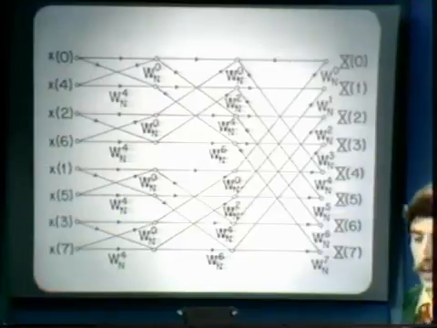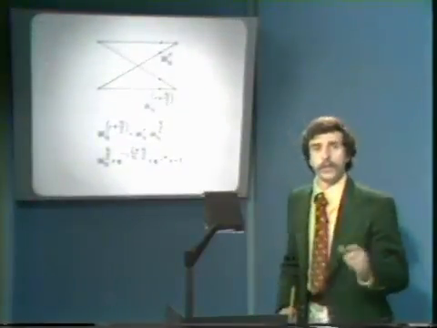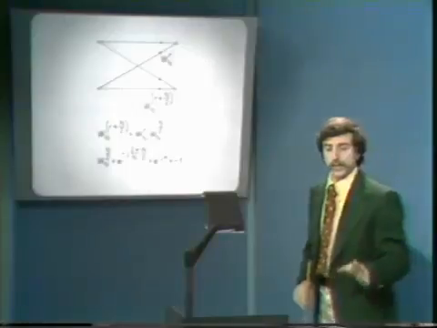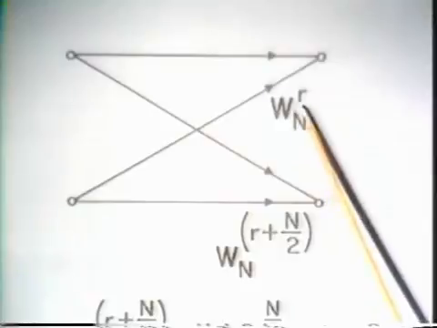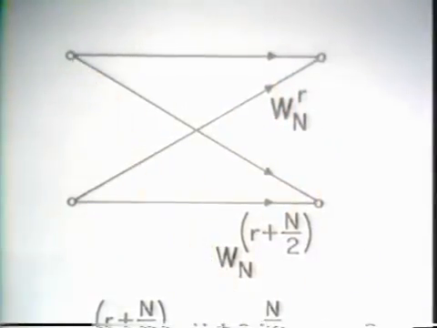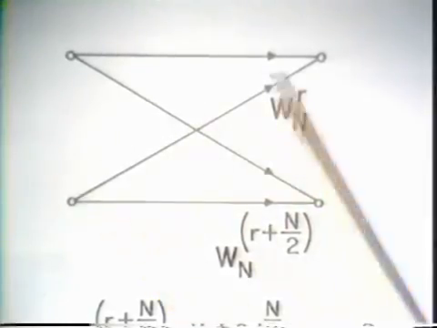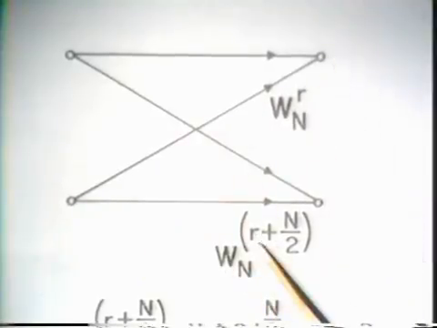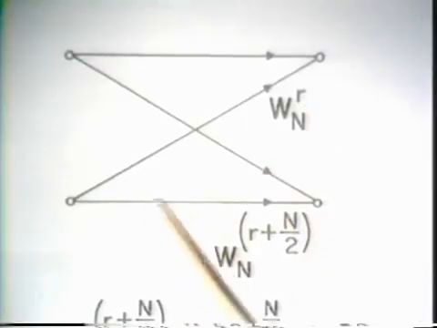So that means that the basic computation in the computation of the DFT, as I illustrated on the previous flow graph, is a butterfly where the characteristic of it is that it's multiplication by unity from the top node and multiplication by some power of W from the bottom node to the top node, and a power of W displaced from this one by N/2 from the bottom node to the bottom node.